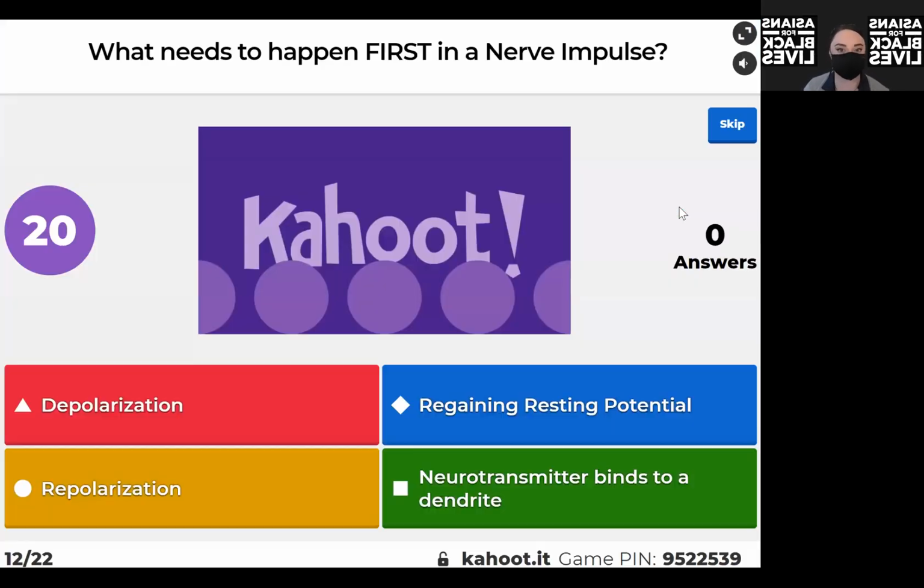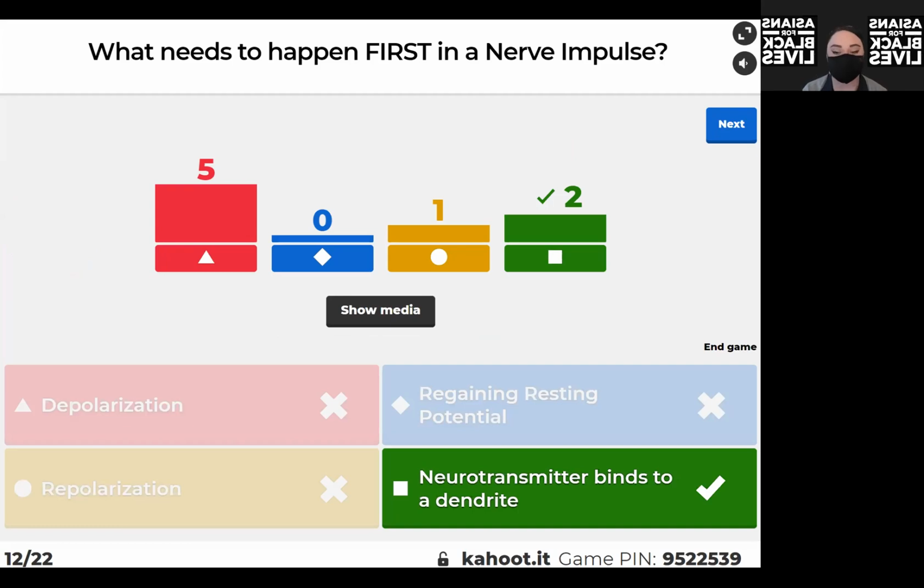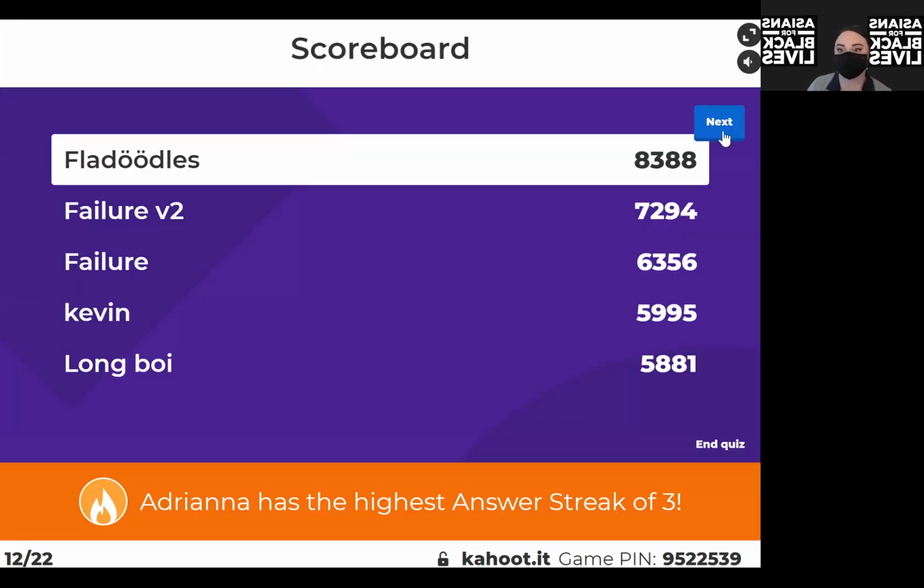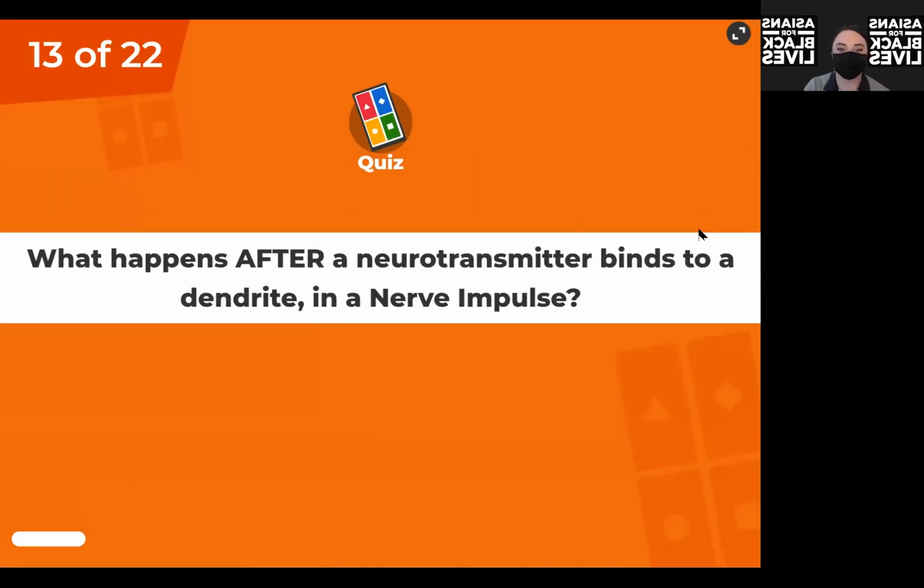What needs to happen first in a nerve impulse? Good. A neurotransmitter binds to a dendrite. That has to happen first to initiate anything else. What happens after the neurotransmitter binds to the dendrite?